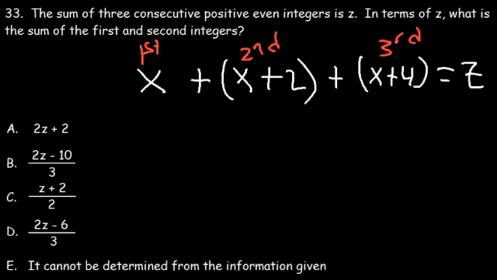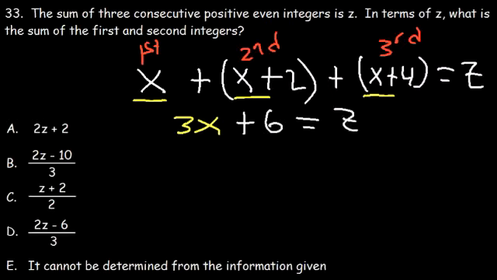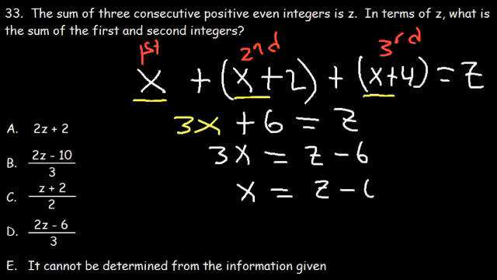So we're going to solve for x in terms of z first. So x plus x plus x is 3x, and 2 plus 4 is 6. So 3x plus 6 is equal to z. And if we subtract both sides by 6, 3x is equal to z minus 6. And if we divide everything by 3, x is equal to z minus 6 over 3.